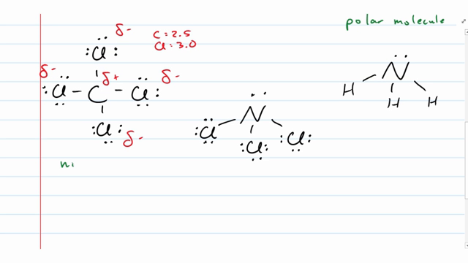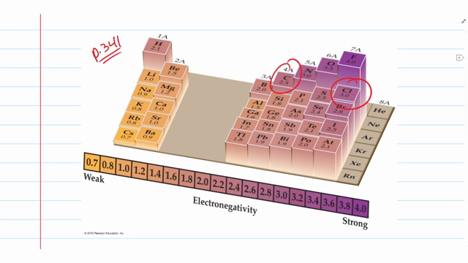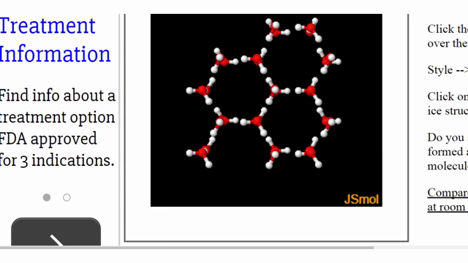Non-polar molecule. And so again, this is a case where the bonds are polar, but the molecule itself is non-polar. In fact, we even really wouldn't have needed to look up the electronegativities of this one, because all we'd have to do is to look at the shapes of the molecules.